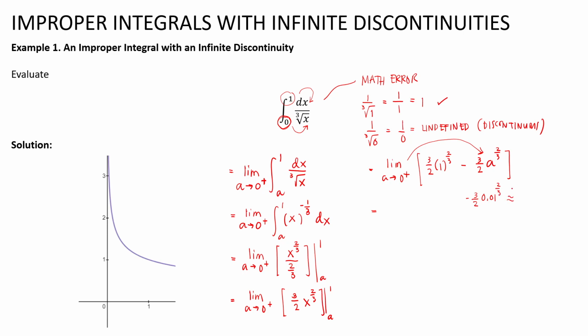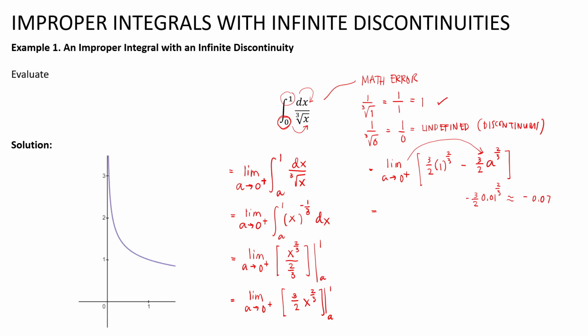Then you try to evaluate that one using your calculator. So the value is negative 0.07.